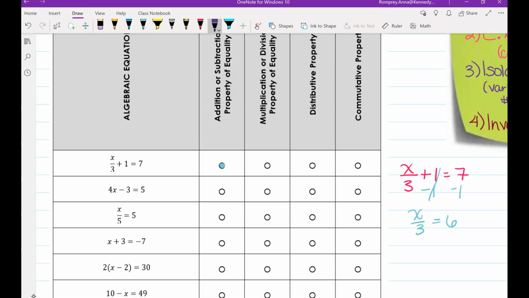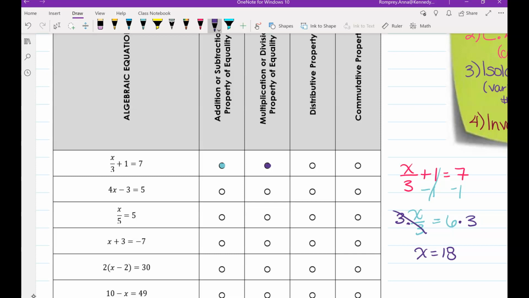X divided by 3 equals 6. So x divided by 3, the inverse of division is multiplication. So we are going to multiply both sides by 3, because what's anything divided by itself? 1. So x equals 18. Okay, so what did we just use? Multiplication property of equality.